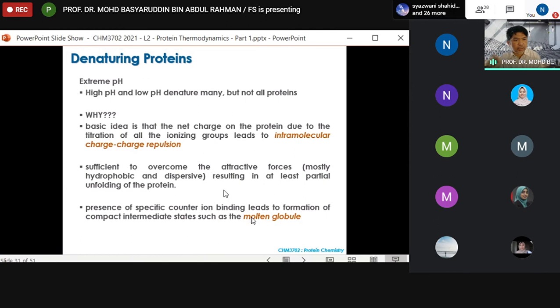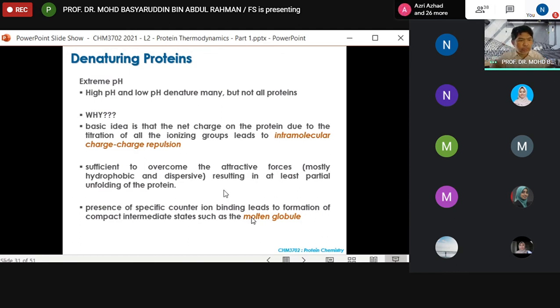This is what they call the molten globule. This has a substantial secondary structure, little or no tertiary structure, and a relatively compact size compared to the native state.